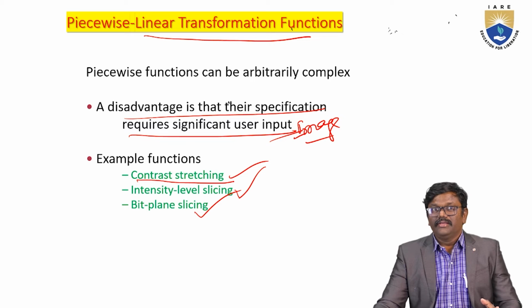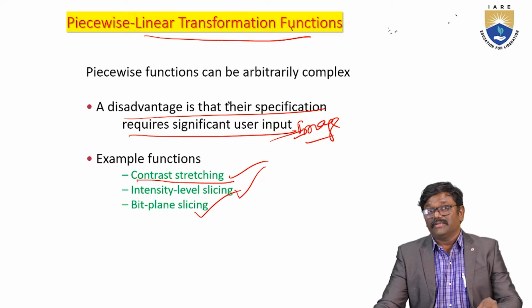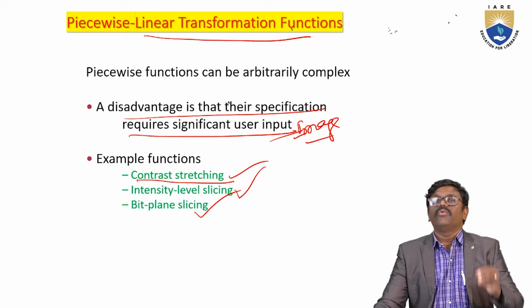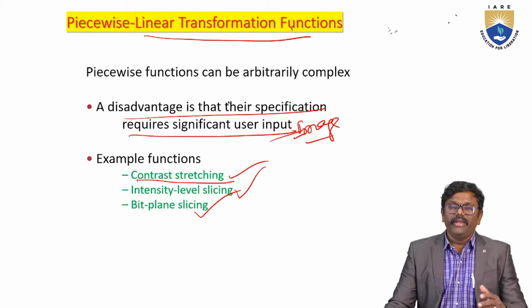So today, in image processing of intensity transformation functions, piecewise linear intensity transformation is more important. Why is it more important?